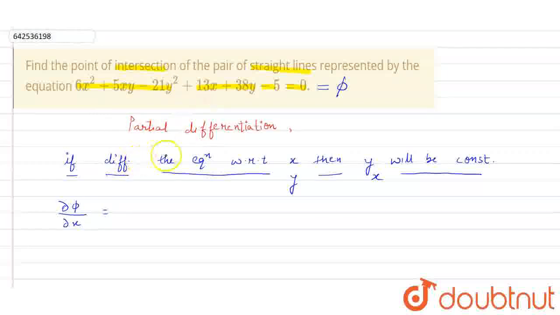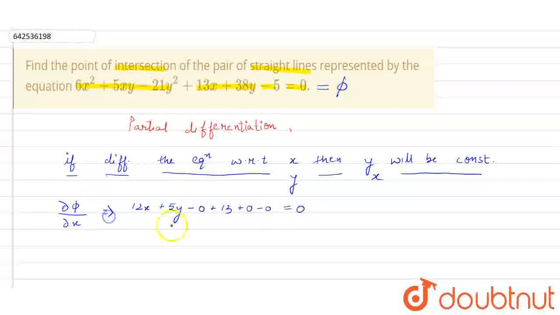While differentiating, we get 12x plus 5y, because y is constant here, minus 0, because y is constant and 21 is constant, so it becomes 0. Here it will become plus 13, plus 0 because it is a constant, minus 0 because it's a constant again, is equal to 0.